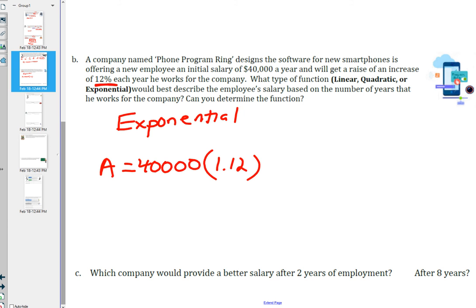And again, since this 40,000 was before he made anything, yeah, it would just be to the power of n. It wouldn't be an n minus 1.